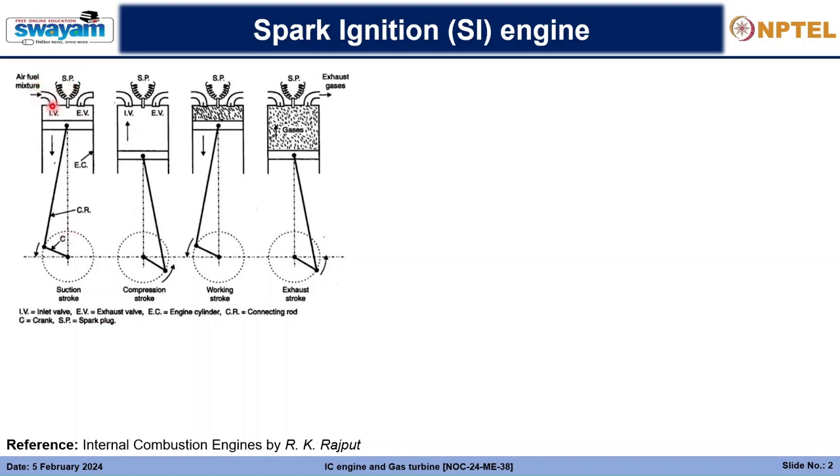This is the inlet valve, this is the exhaust valve, and this is a spark plug, by which we name this engine a spark ignition engine, because the ignition of the fuel air mixture is done by use of a spark produced by the spark plug.